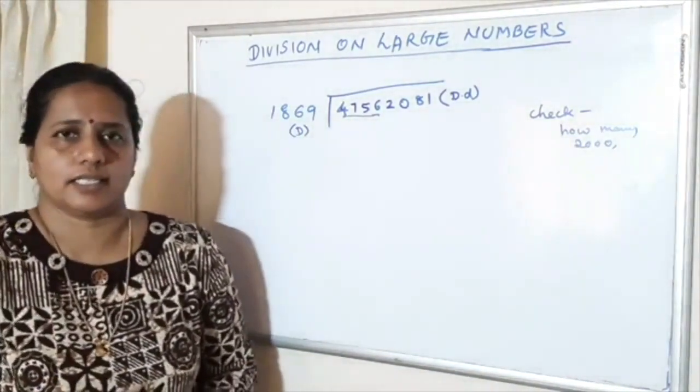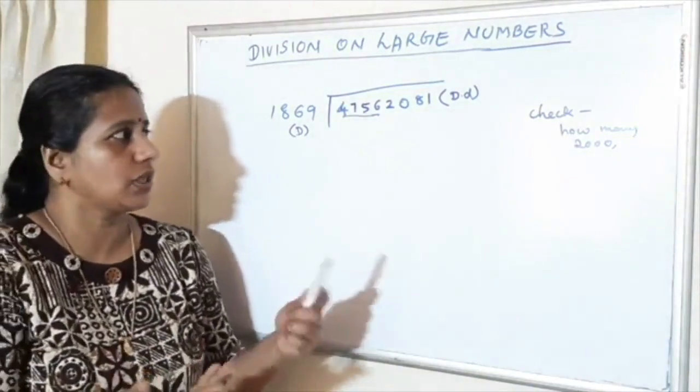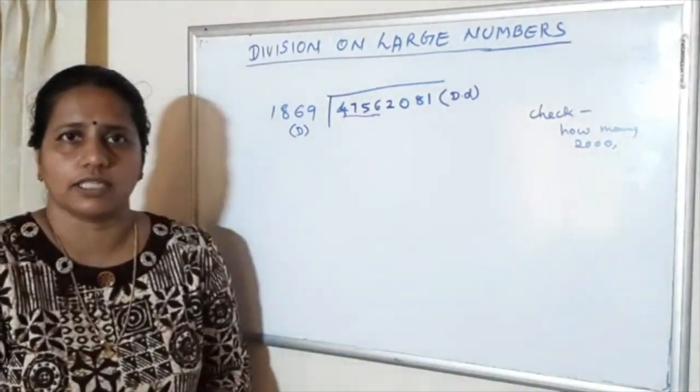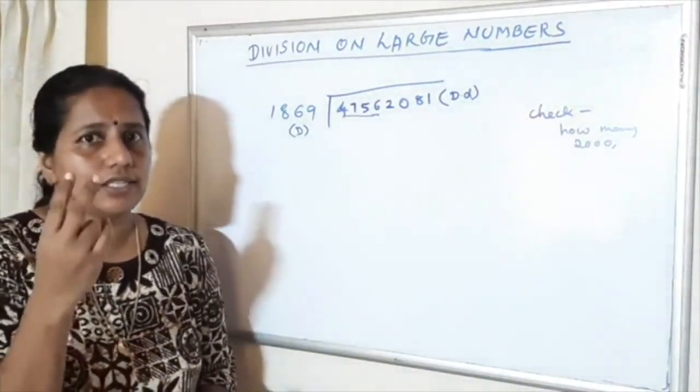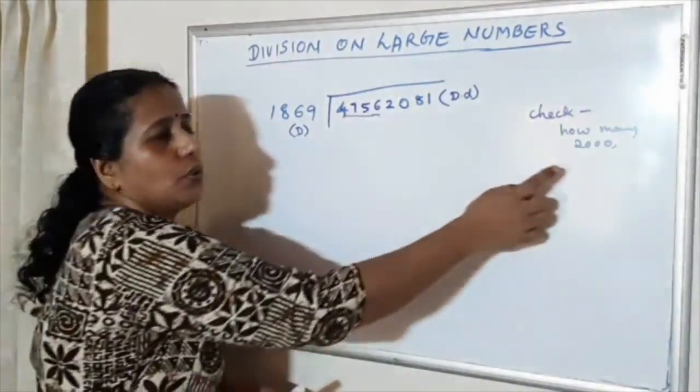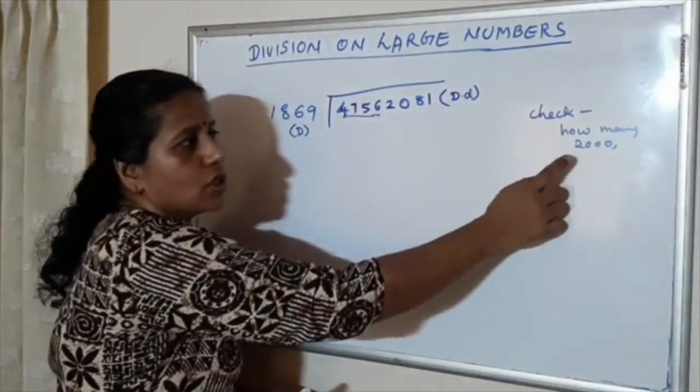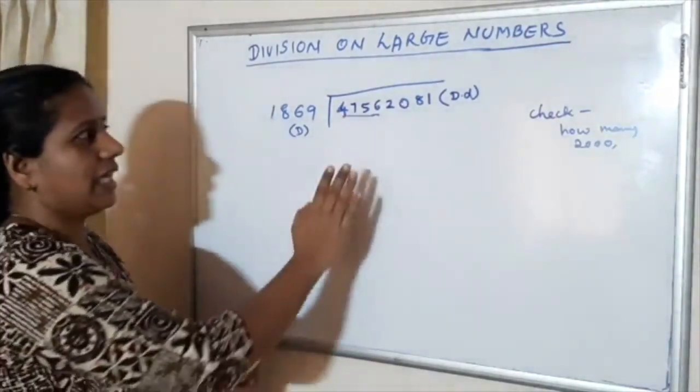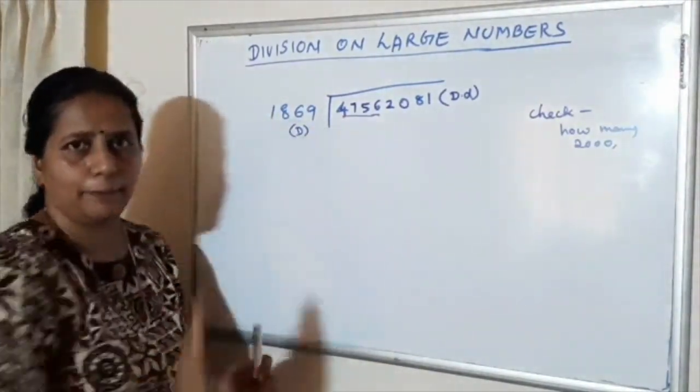Just think it. Okay, how many 2000 we can take from 4756? It is 2. That is 2 into 2 is 4. So 2000 we can easily take from this number.